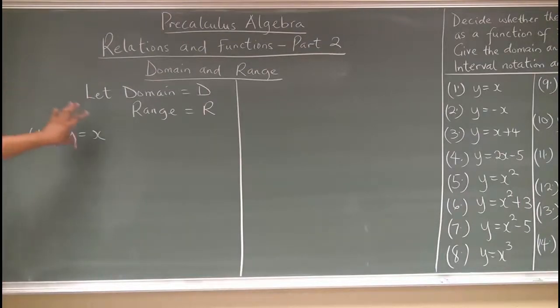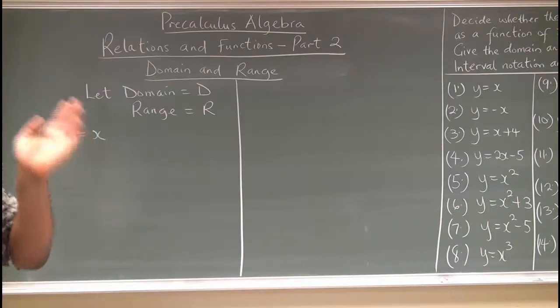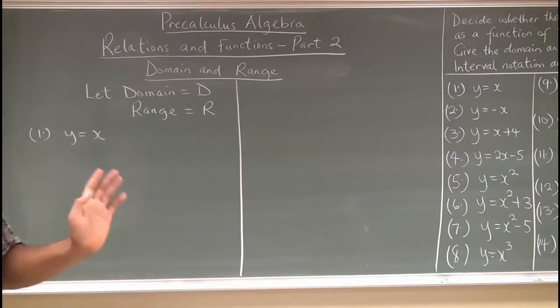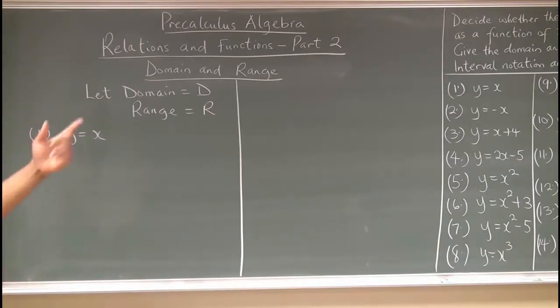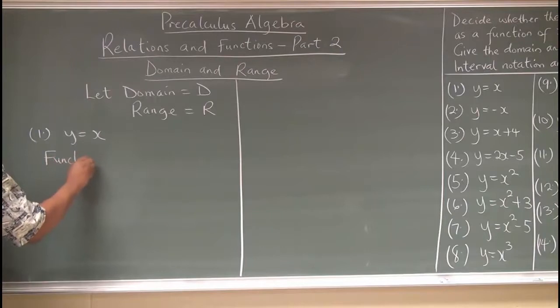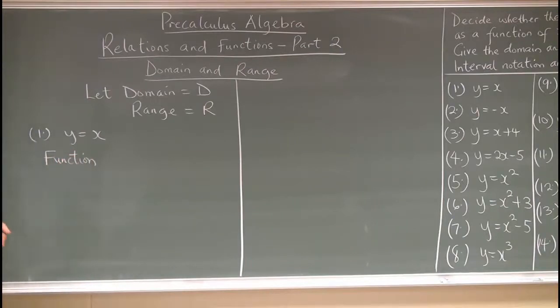Now, when you have this first one, y equal to x, looking at it, for each input x, there is a unique output y. No 2 inputs will repeat. So this relation is a function. Because when x is 1, y is 1.